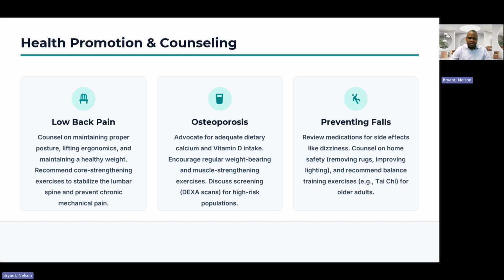Also, vitamin D is very important too. And fall prevention strategies, that's very important for all adults, and also for comprehensive holistic patient care. Another example that you have on your slides is Tai Chi, teaching them about Tai Chi, especially older adults, for balance.